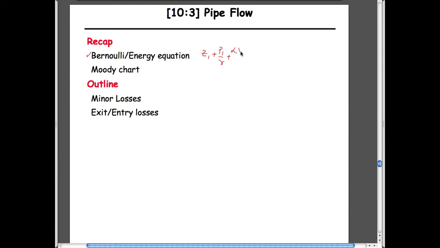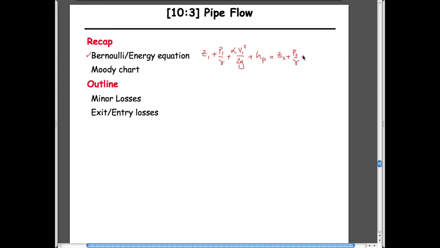These alphas are about 1. We have a pump head within the system. And the left-hand side is upstream, sorry, and the right-hand side is downstream.